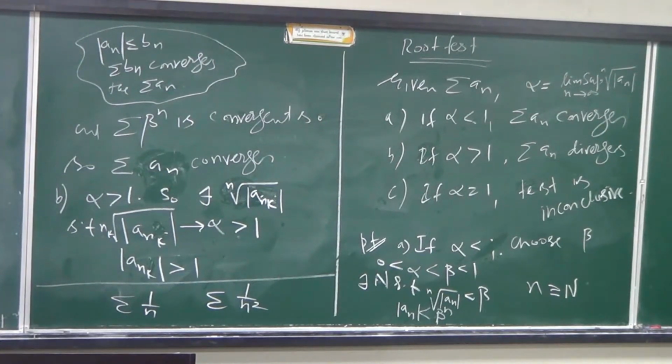Okay, so what is the ratio test? So we say that consider you have a series a_n, and you take alpha to be the lim sup of the ratio a_(n+1) over a_n. Not taking the limit but the lim sup, a much weaker assumption.